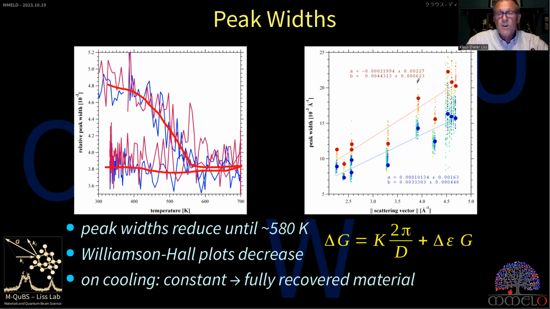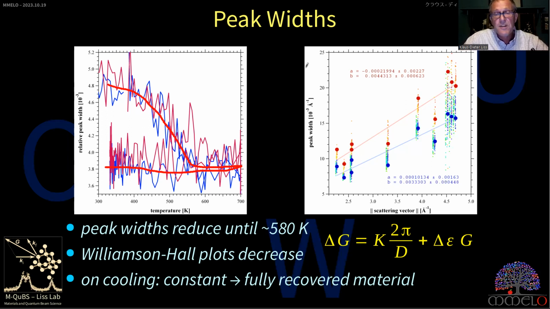We can do the Williamson-Hall plot. Williamson-Hall says the delta G, so the peak width here, vertical, is some 2 pi over the size of the grain or the coherent scattering volume times the shape factor, which is close to 1, or 0.9 or whatever, plus the strain gradient times the position, so the x-axis, which is G here.